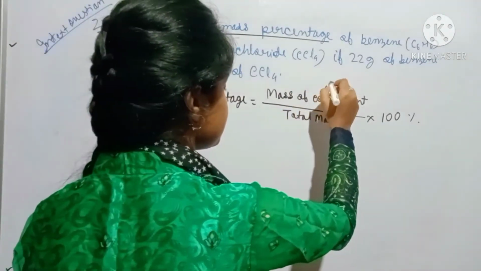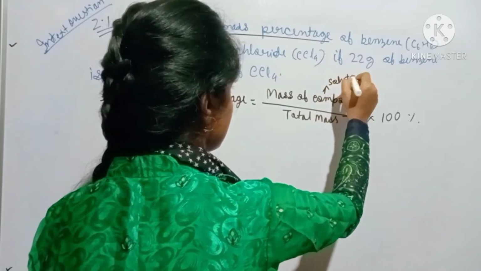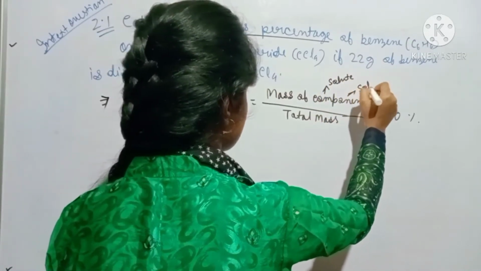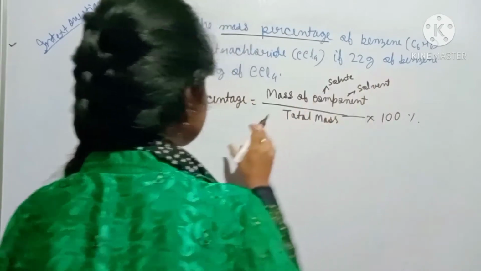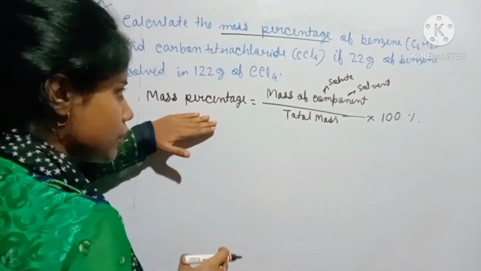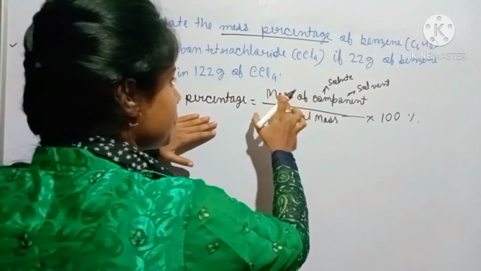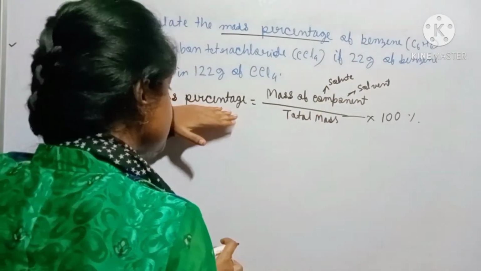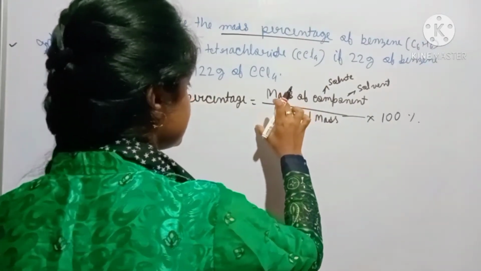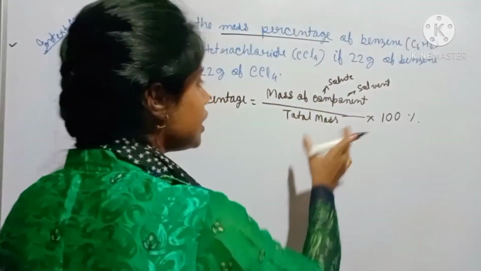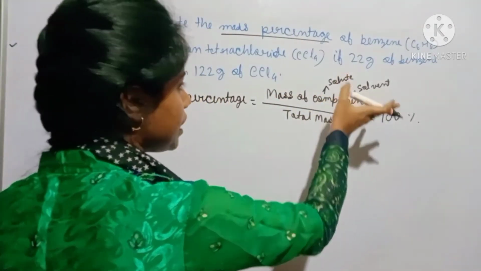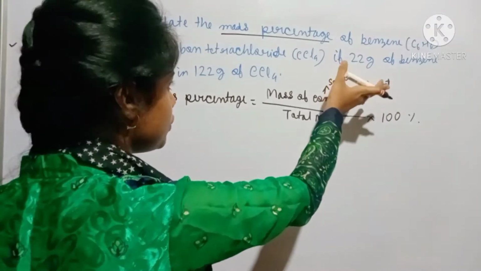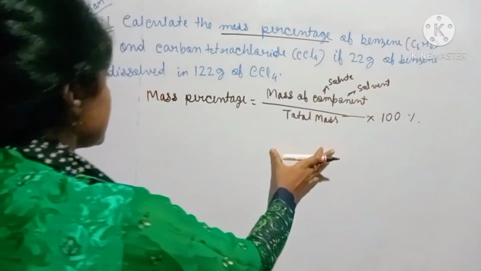Component means it may be solute or it may be solvent. If we have to calculate the mass percentage of solute, then we add the mass of solute, and if we have to calculate the mass percentage of solvent, then you write the mass of solvent. So don't be confused that sometimes there is component, sometimes solute, sometimes solvent.